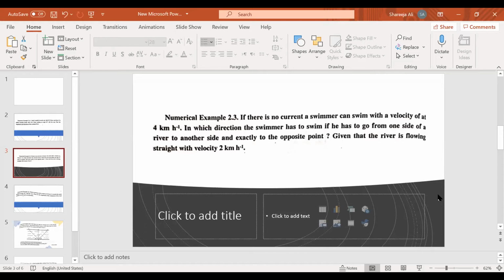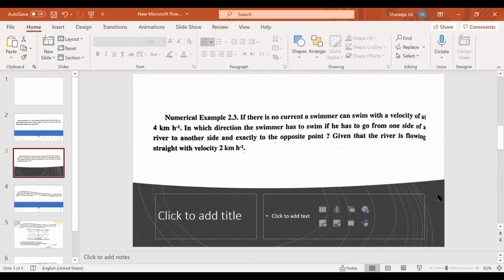So you have to draw a river with one point exactly opposite another point, and given that the river is flowing with 2 km per hour, the speed of the river is 2 km per hour.